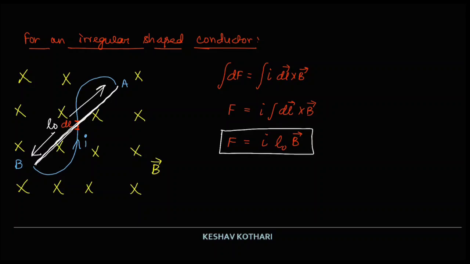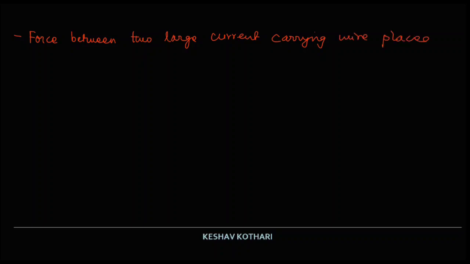So now we are calculating the force that is acting between two large wires placed parallel to each other. Force between two large current carrying wires placed close to each other.